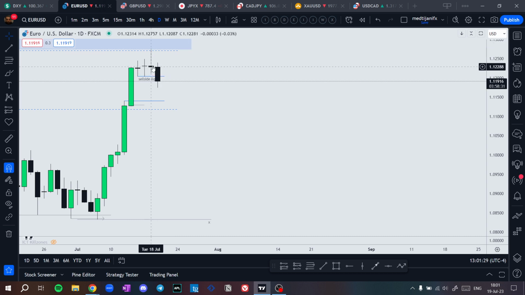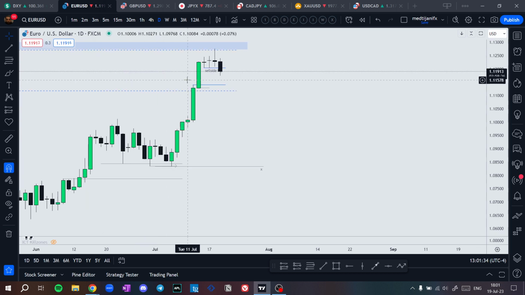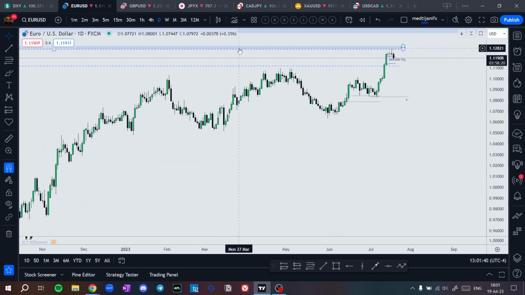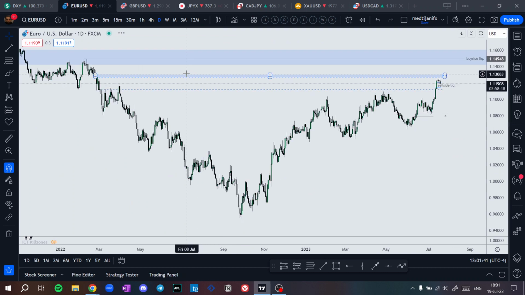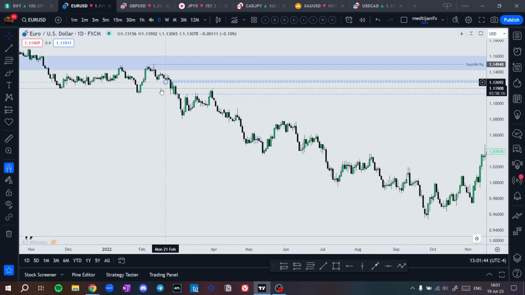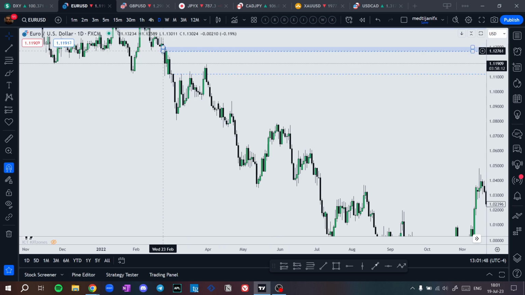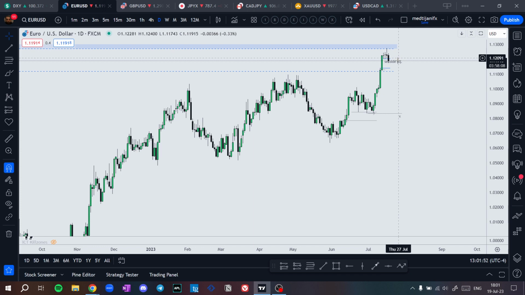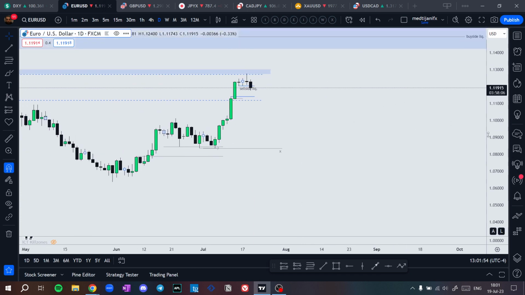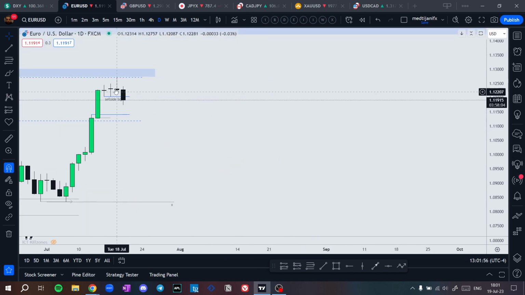There is a higher chance that this day is going to be an expansion lower, because price has reacted from this fair value gap on the daily time frame, just above the volume imbalance that price has reacted to.